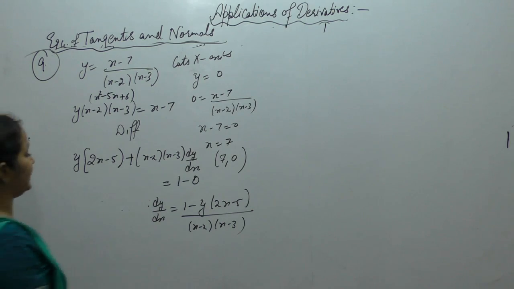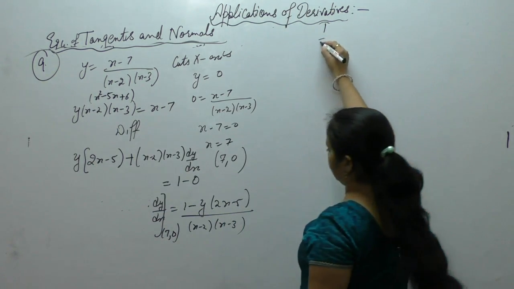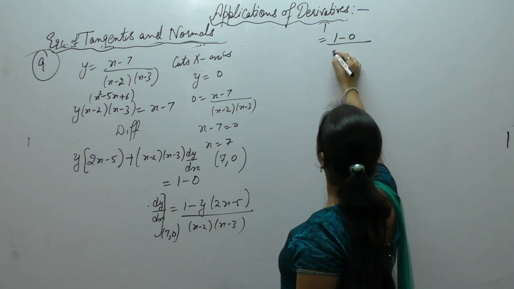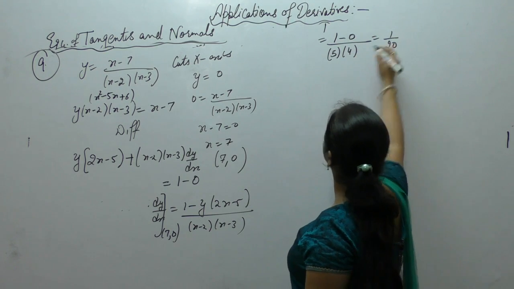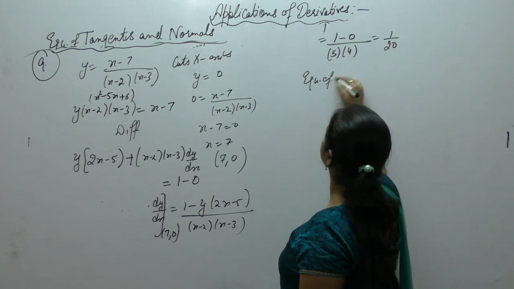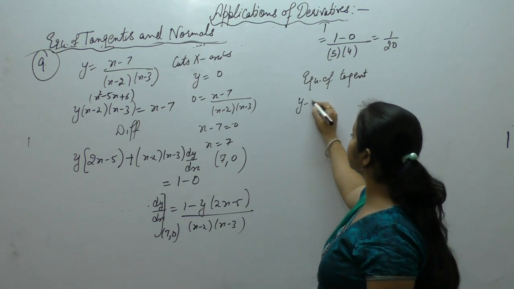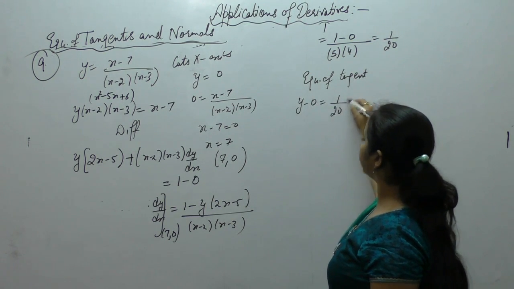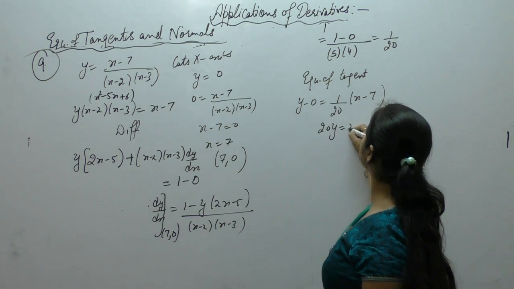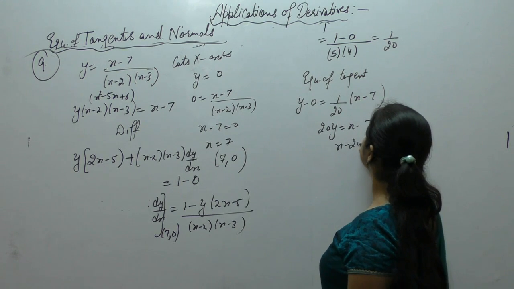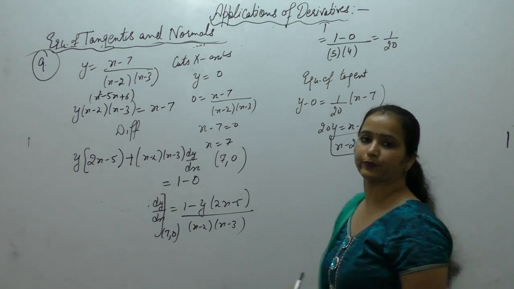Now we want to find the value at point x is 7, y is 0. 7 minus 2 is 5, 7 minus 3 is 1, so 1 upon 20. Now equation of tangent, when it passes through 7, 0: y minus y naught equals m, x minus x naught. So 20y is equal to x minus 7. x minus 20y minus 7 equals 0.